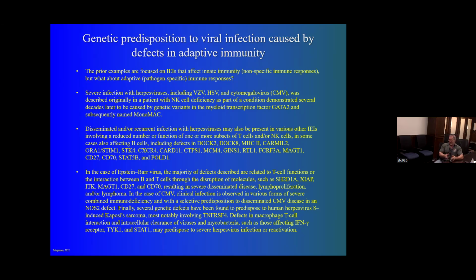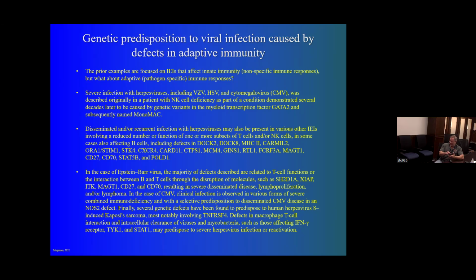And now that they've identified this mechanism, they've been able to determine that other viruses, including certain types of herpes viruses, Kaposi sarcoma, which is a virus that we normally see in people that are infected with HIV, also have deficiencies. We see other deficiencies that lead to reductions in the production of interferon, reductions in the activation of other pathways, and all of these, again, lead to a very severe dissemination of the virus and a disease.